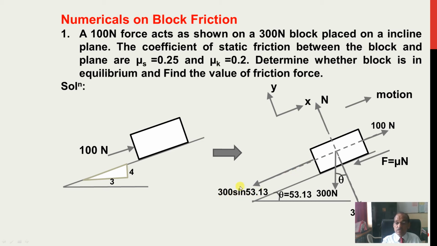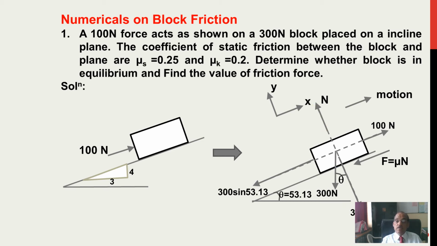Now why is this component sin? Because the angle with respect to the normal is theta, that's why this component is cos and this component is sin. The force is acting downwards, that's why this component will be acting downwards. Okay, so I have resolved the forces parallel and perpendicular to the inclined plane.